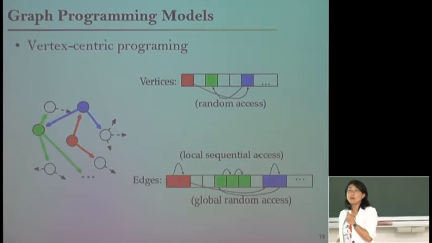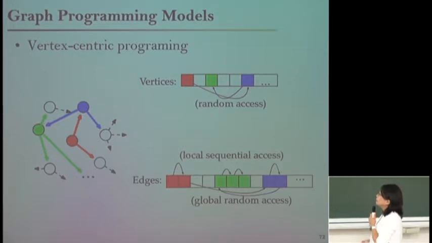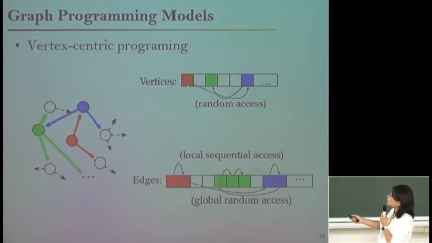So we are also looking into the graph programming models. A very common format is vertex-centric programming. I use this to illustrate the situation. For vertex-centric programming, we store vertices. Vertex to vertex is a kind of random access, since they're not correlated.